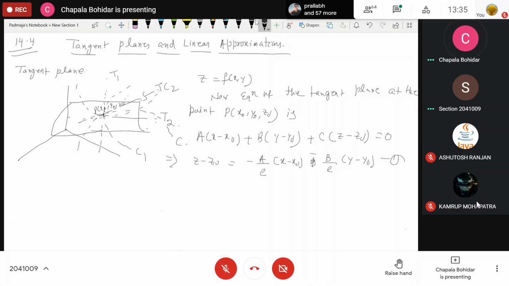Now, by setting y equal to y0, equation 1 becomes, sorry, first consider this value as small a and this value as small b.